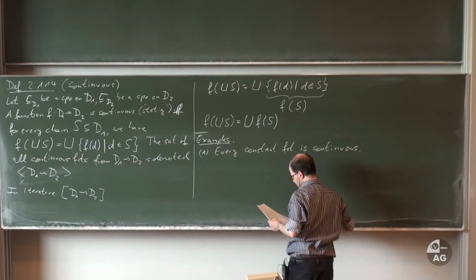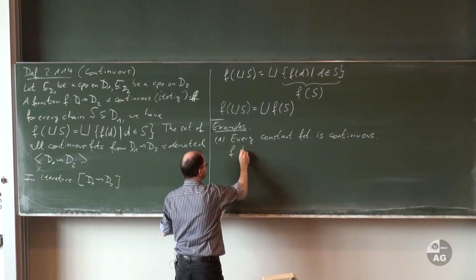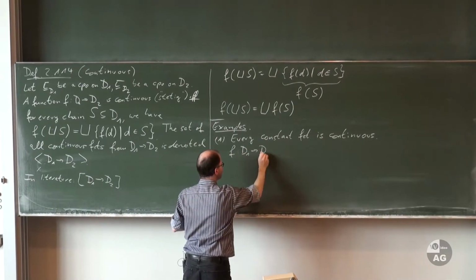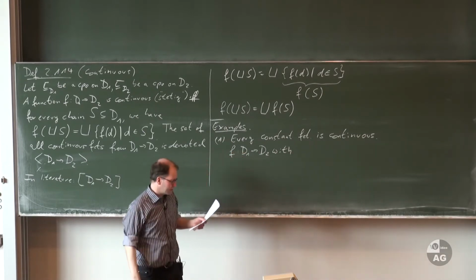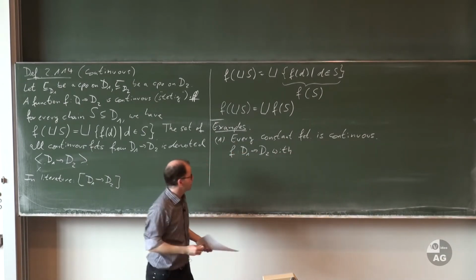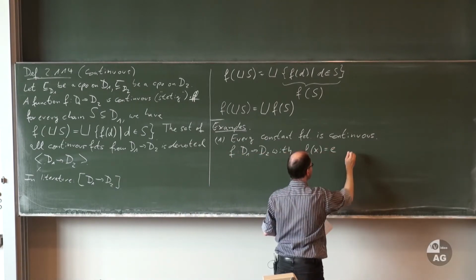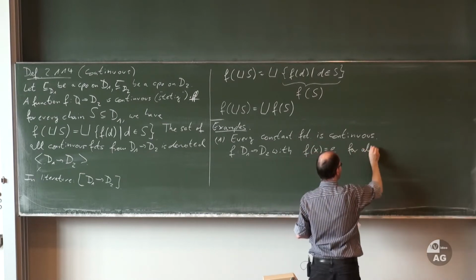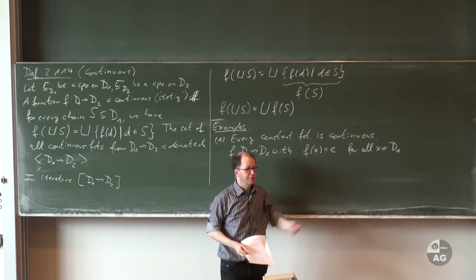Now, why is this the case? A constant function looks like this. It goes from d1 to d2, but it gives you the same result no matter to which element you apply it. So f of x is some e for all x from d1. So this is a constant function which always returns e.